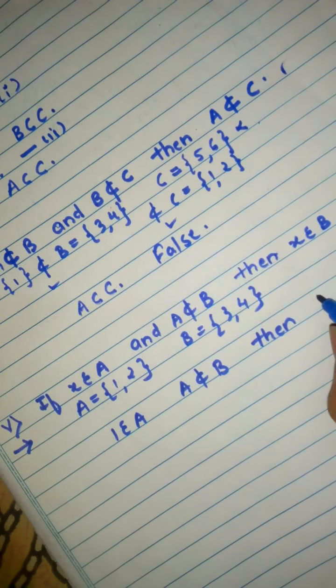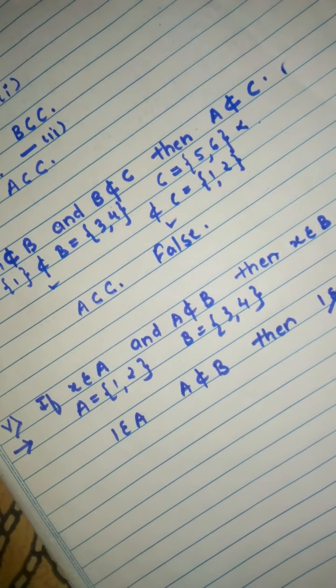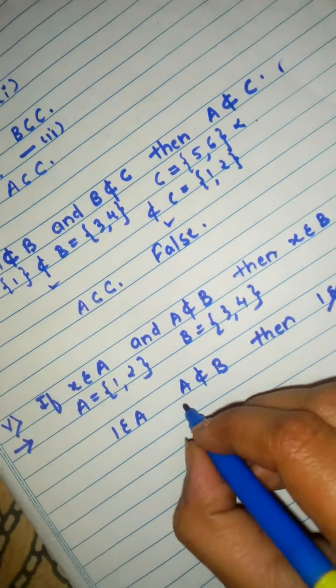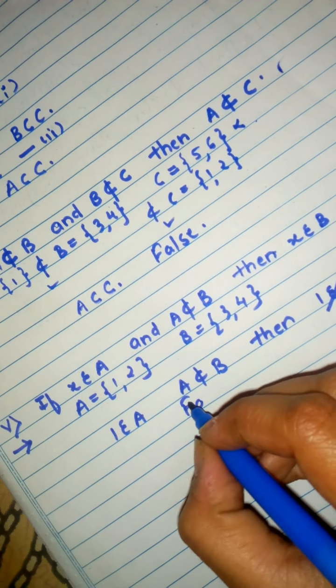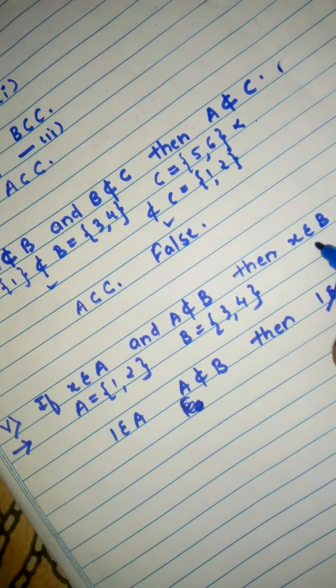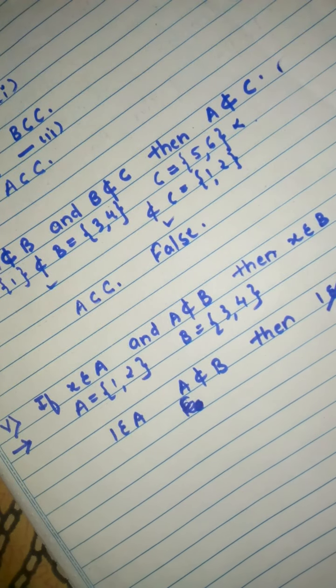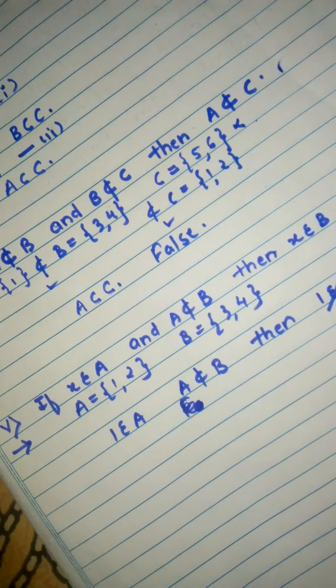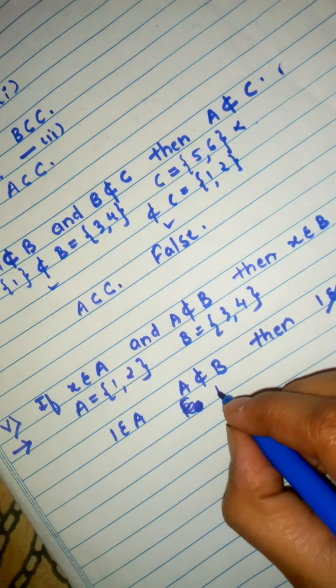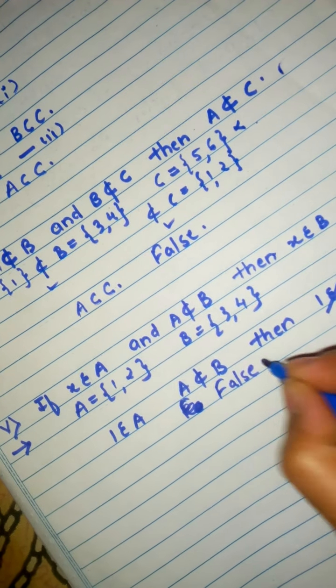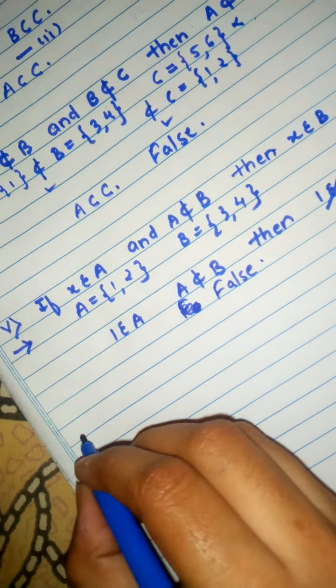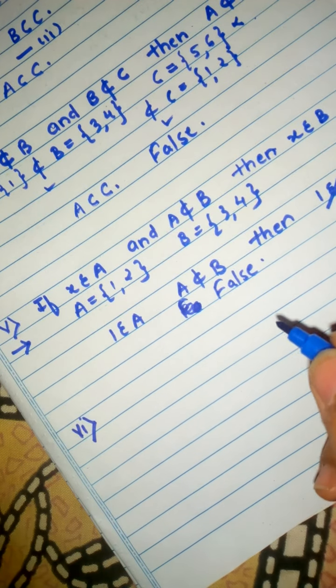So this 1 does not belong to B. Therefore this statement is false. It says that X belongs to B, but here X does not belong to B, therefore this is a false statement.